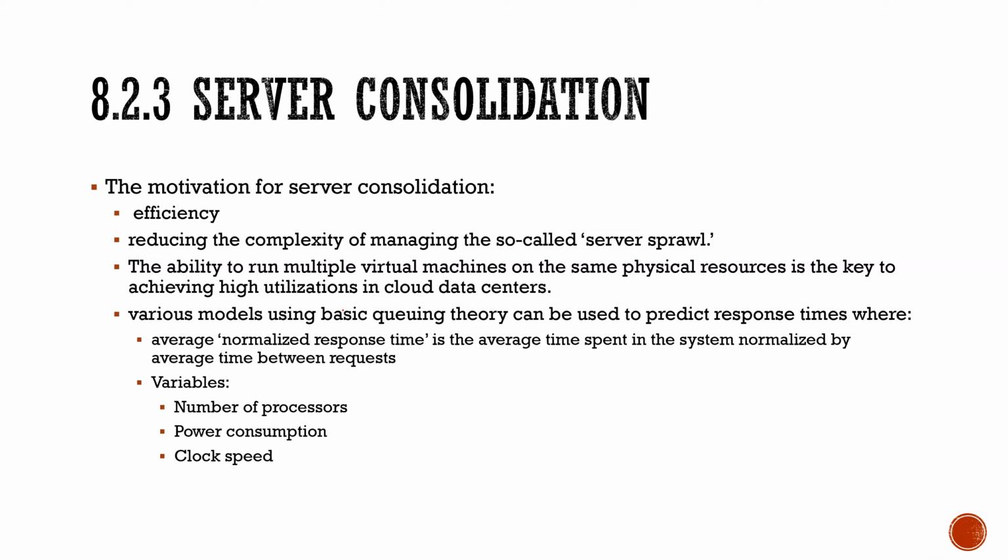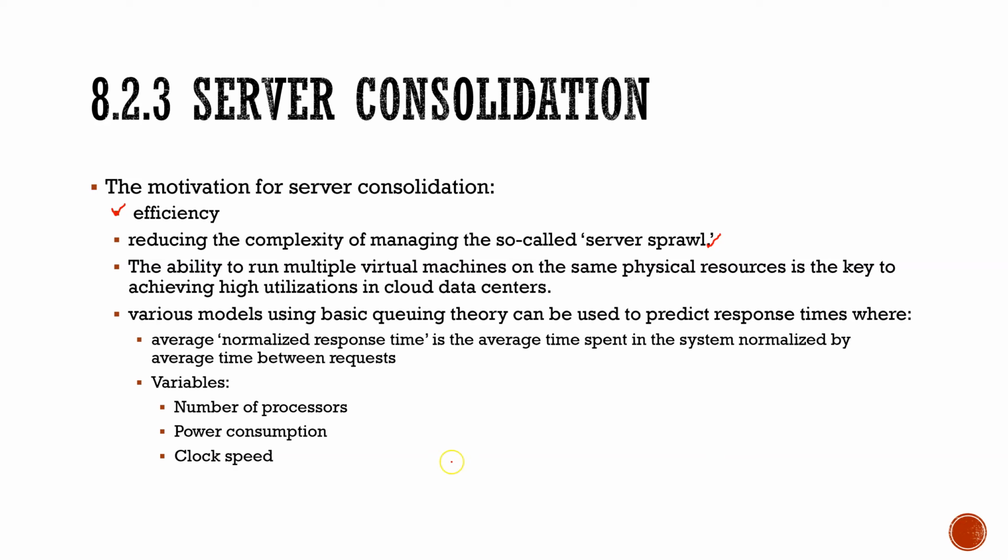Consolidating servers is a common way to reduce something that we call server sprawl. You have so many servers that it's very difficult to maintain them. If you consolidate, then it becomes more efficient, of course. It reduces the complexity, and it allows you to monitor and to manage more effectively.